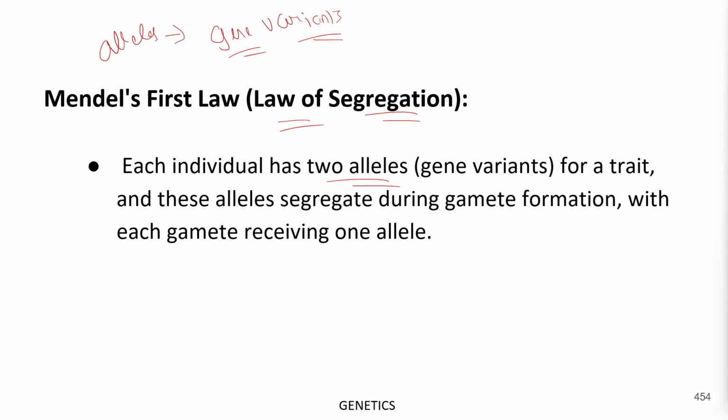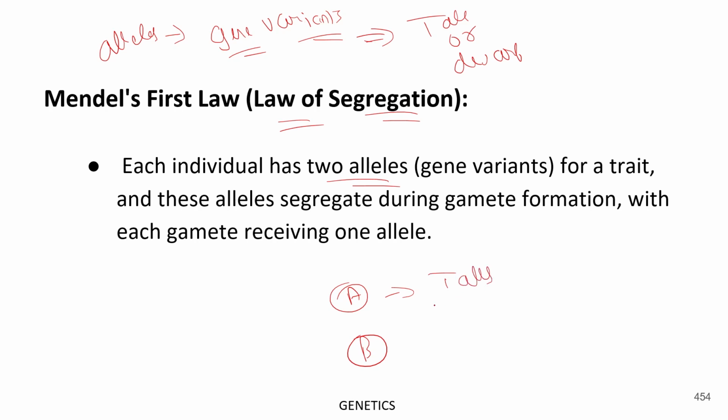These gene variations are the characters, whether tall or dwarf. For understanding A and B, the A genes were the genes for tall, but for B, the genes were for dwarf. So these genes are basically known as the alleles.